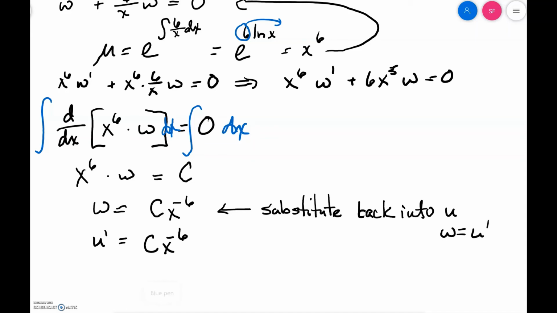So let's figure out what u is. Again, we're going to integrate. And so we've got u equals some integrating constant, add 1 to my power, divide by that power, and then plus a new, a second integration constant.